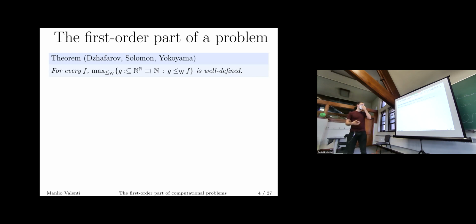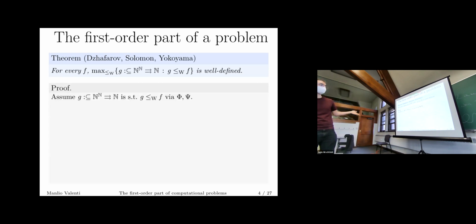This is a theorem proved by Damir Zafarov, Reed Solomon, and Keita Yokoyama, and it kind of motivates the whole thing. The theorem says that for every f, there is a strongest computational problem G with codomain N which is Weihrauch below f. In other words, the maximum is well-defined.